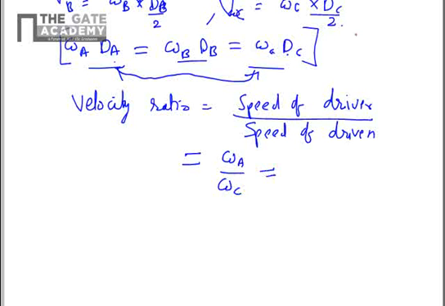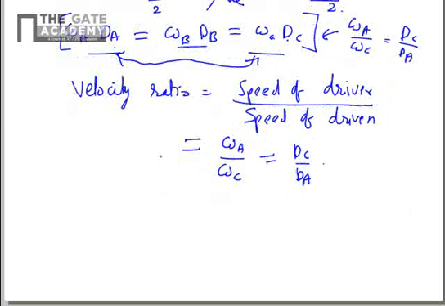And from this identity, from this equation, omega A by omega C will be dC by dA. Now from the condition of constant modulus that we saw earlier, that modulus which is equal to d by T is constant.